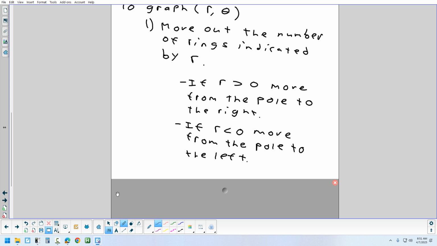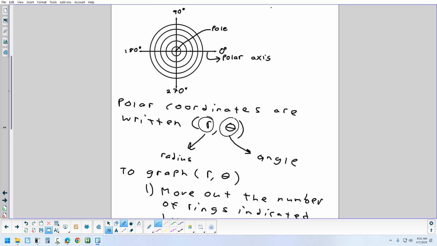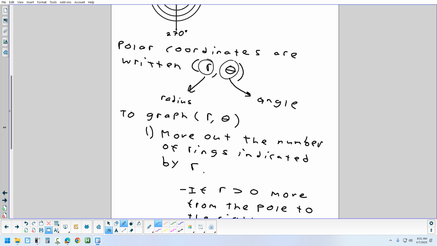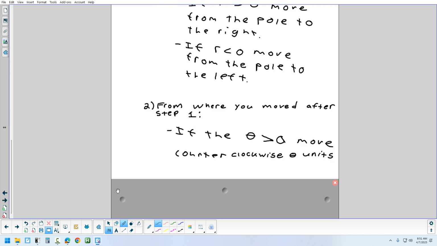Now, whether you go right or you go left, you then have to rotate a certain number of degrees. When we talk about rotating on a circle, what are the two directions that you can rotate? Clockwise and counterclockwise. And that's what positive and negative is going to tell you for the angle. If your angle is greater than 0, you're going to rotate counterclockwise.